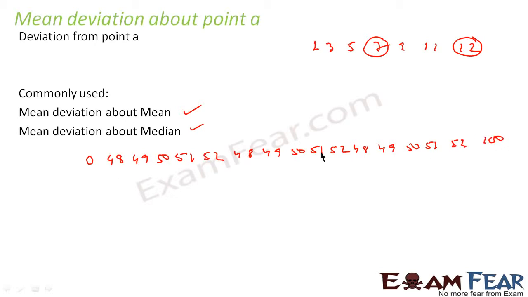Or you can have more also. For example, in this case, let's take more values: 48, 49, 50, 51, 52, 48, 49, 50, 51, 52, and here also 48, 49, 50, 51, 52. So n is equal to 40.